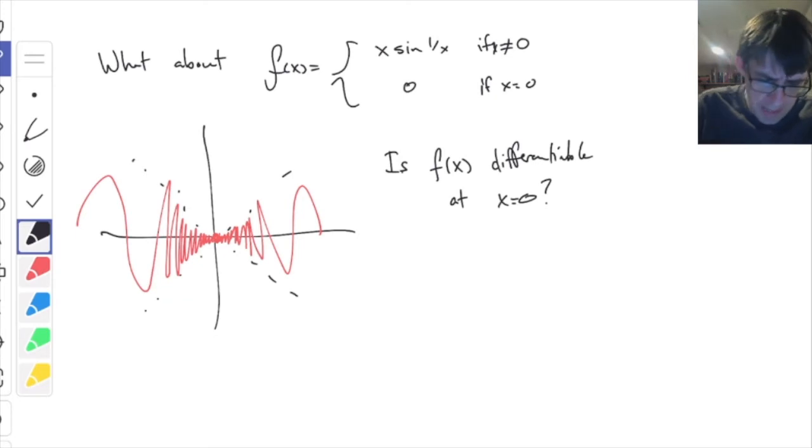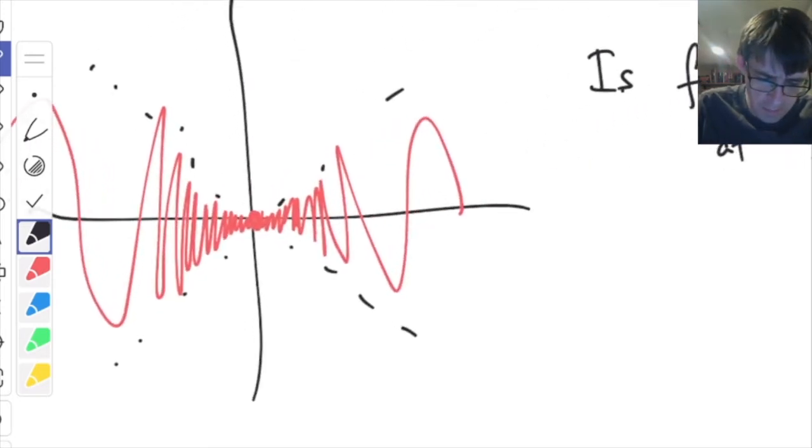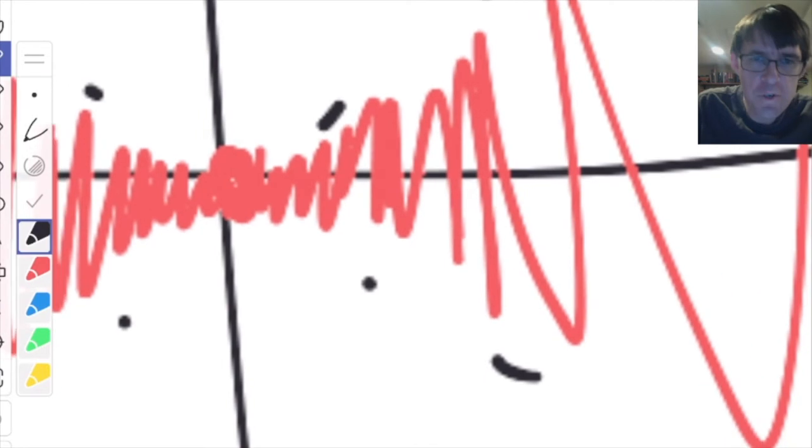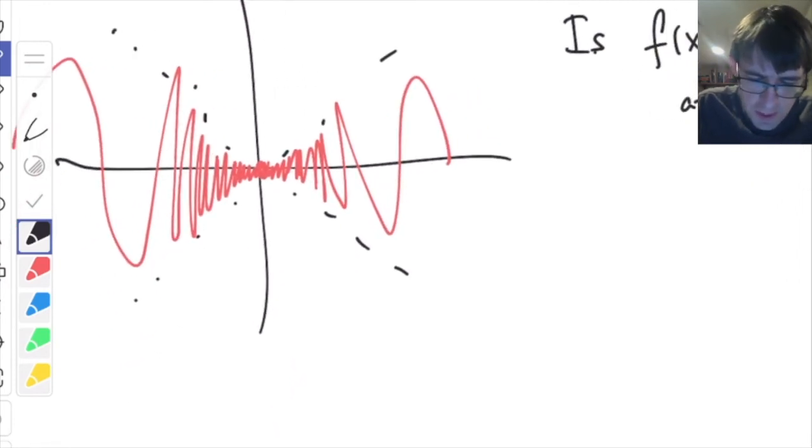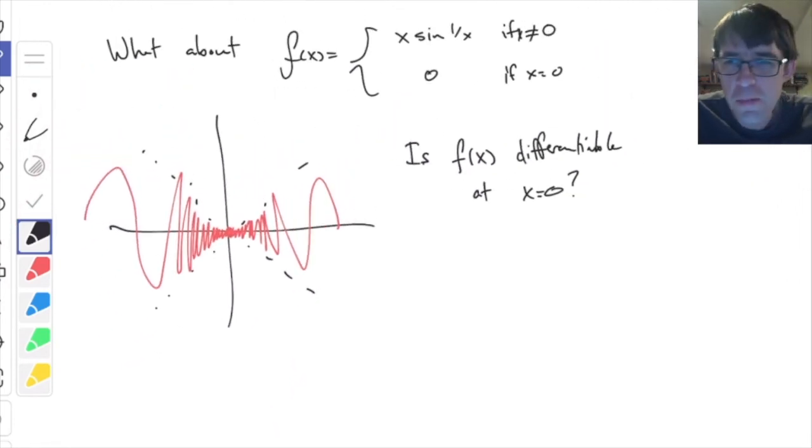You want to imagine if you were to zoom in on this point. The derivative, the slopes. Do the slopes actually approach anything, or do they just go crazy as you approach the origin? That's what I want to know. Get your votes in. You don't have to be able to prove it. I just wonder. When I think about this, I know what the answer is, but without going through the computation, to me it's not clear.